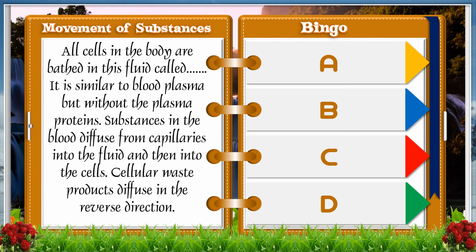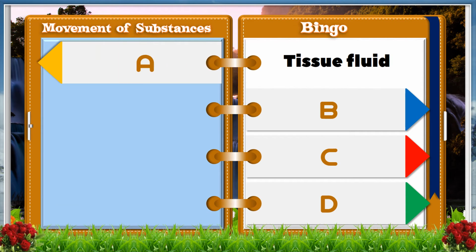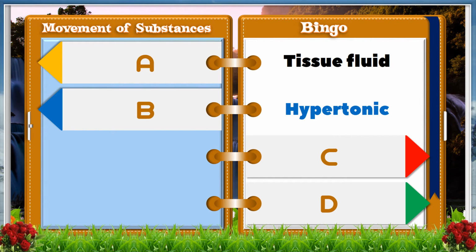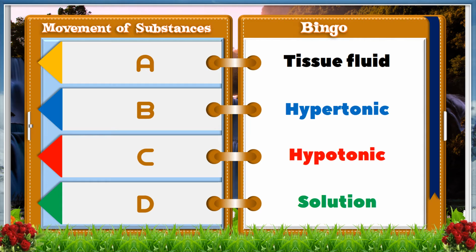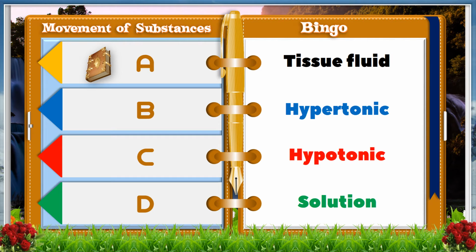Cellular waste products diffuse in the reverse direction. A. Tissue fluid. B. Hypertonic. C. Hypotonic. D. Solution. And the answer is A. Tissue fluid.